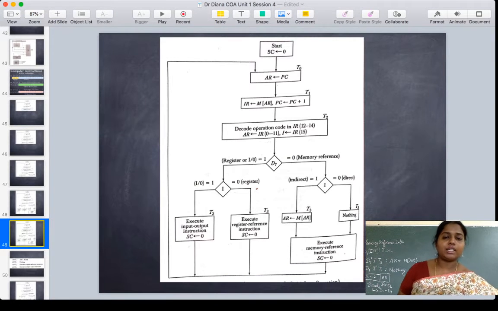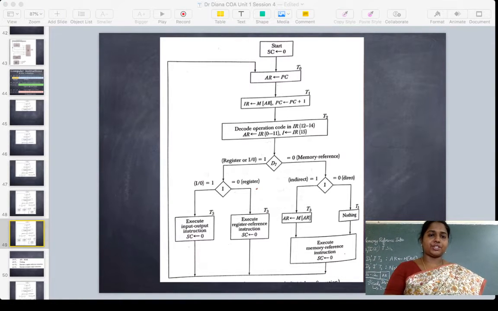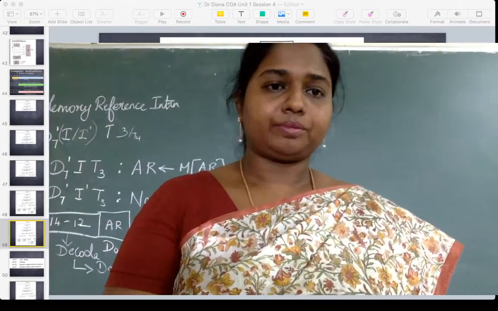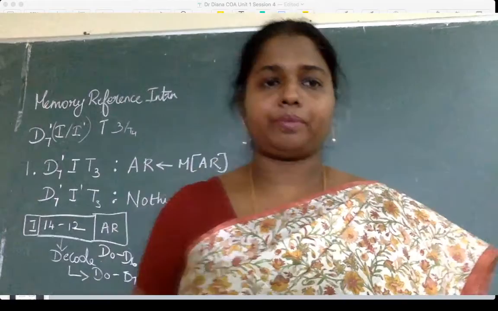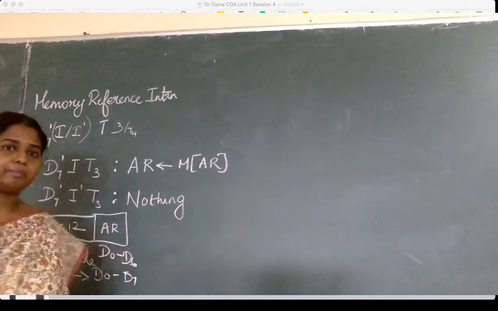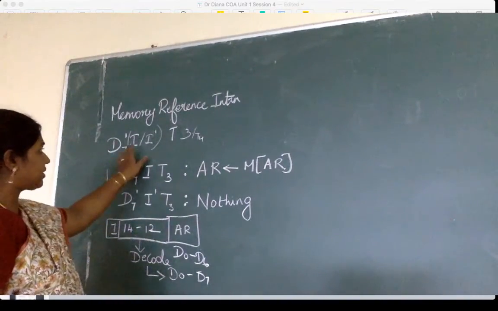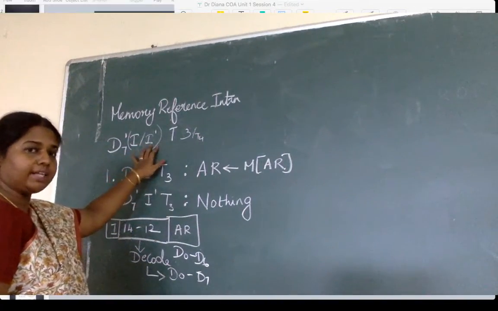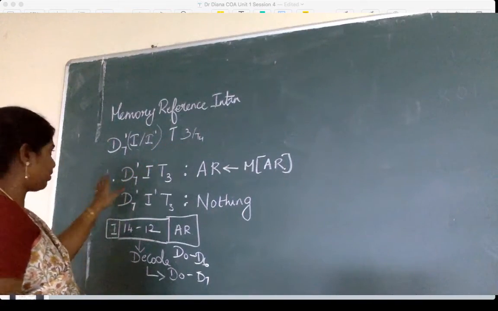Now we will start with explaining our set of memory reference instructions. When I say memory reference instruction, at D7', it can either be I or I'. At time cycle T3, we start with our execution.